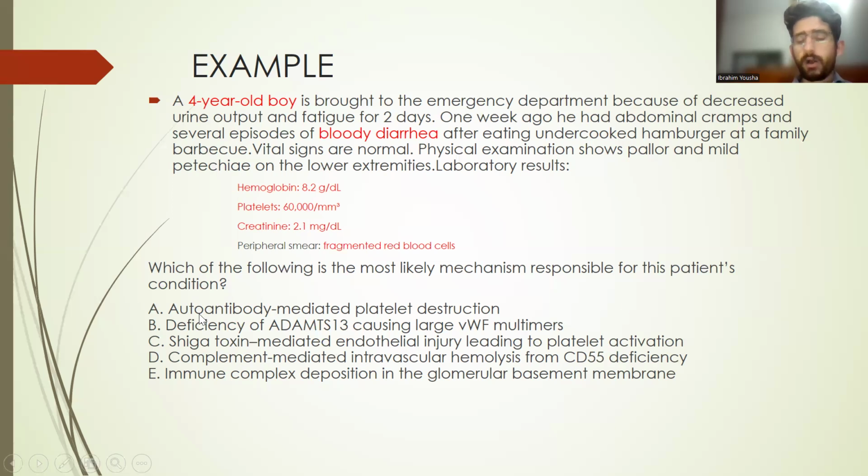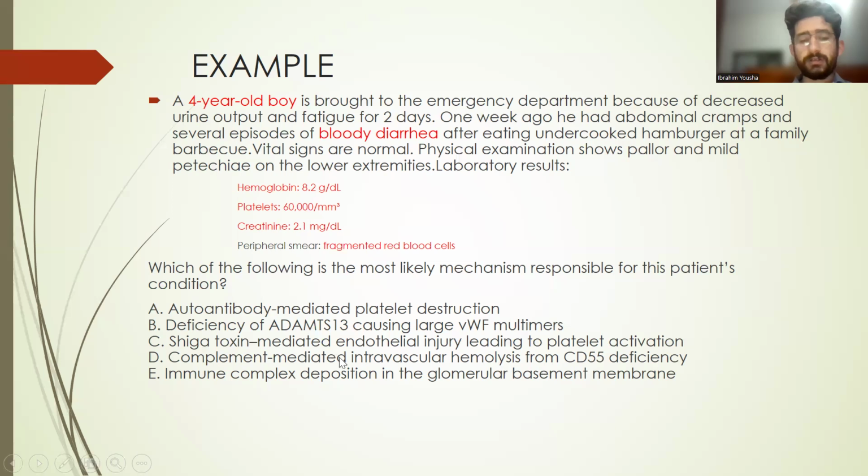The other options are: autoantibody mediated platelet destruction, which is immune thrombocytopenia; deficiency of ADAMTS13 causing large von Willebrand factor multimers, which is TTP, thrombotic thrombocytopenic purpura, characterized by fever and neurological deficits, which are absent here.